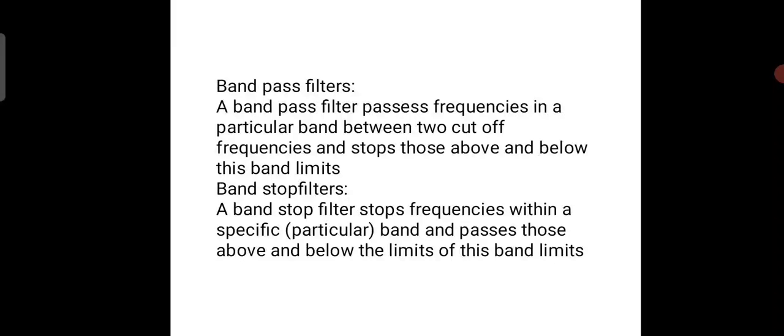The power is reduced to half of the value. That value is obtained using the desired calculation. When we plot those two graphs we obtain the two cutoff frequencies. This band pass filter allows the frequencies in this band.